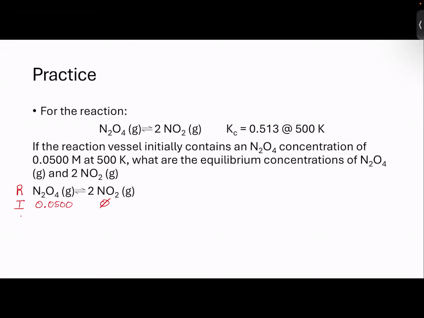Now, as time progresses, according to the stoichiometry, you're going to lose 1x of the dinitrogen tetraoxide, and you're going to make 2x of the nitrogen dioxide. So at equilibrium, the concentration of the dinitrogen tetraoxide will be 0.0500 minus x, and the nitrogen dioxide will be 2x.